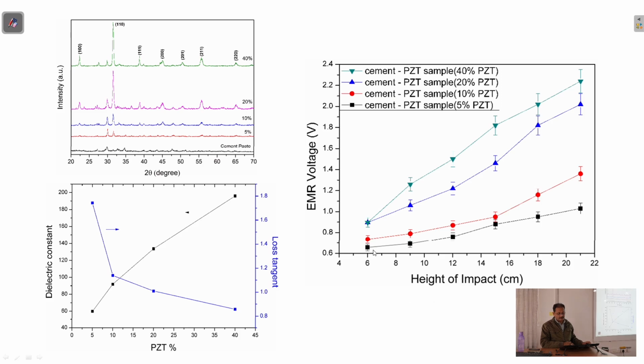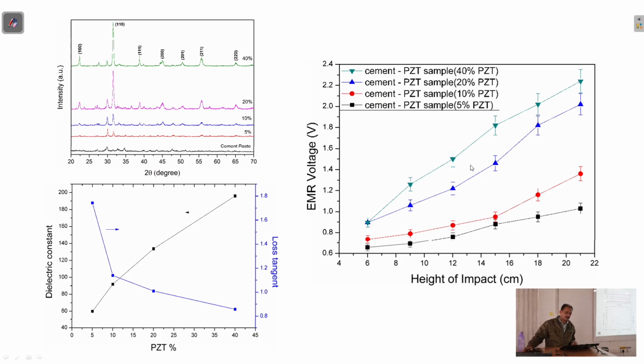This one, the lowest, is for the 5%. Here we don't have it for the pure cement, but I remember it was pretty low. So of course you have a sudden jump, and as the amount of PZT is increased, of course we have a higher value.